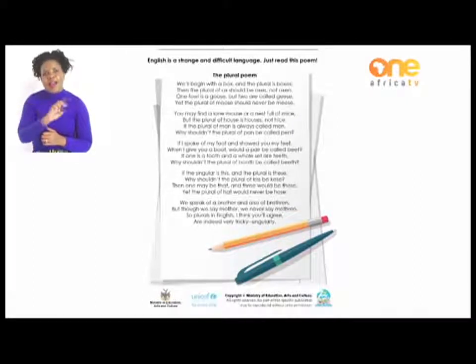Yet the plural of hat would never be hose. We speak of a brother and also of brethren. But though we say mother, we never say methren. So plurals in English, I think you'd agree, are indeed very tricky, singularly.